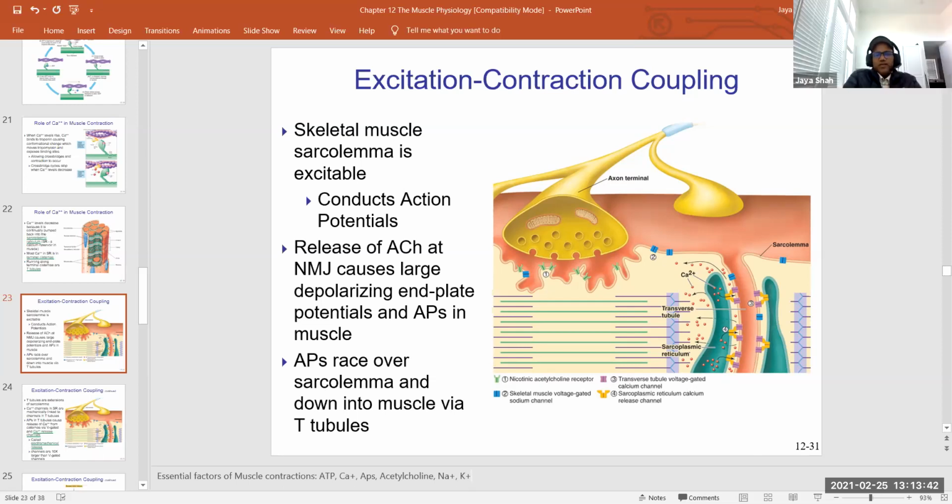Okay, so let's summarize all of this. Where do you need calcium? To take it to the nerve terminal, to release acetylcholine. Anywhere else? So that it can bind to the troponin and allow the actin to bind to the myosin head.